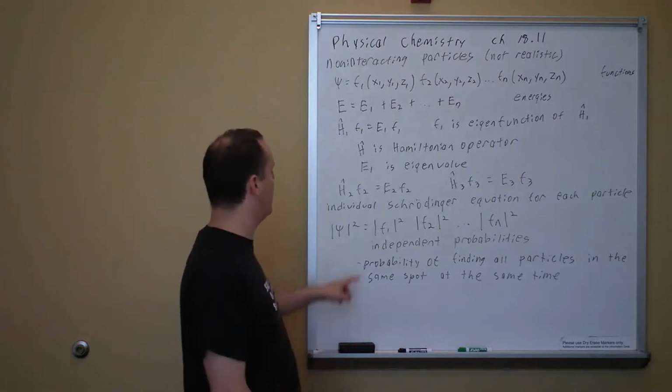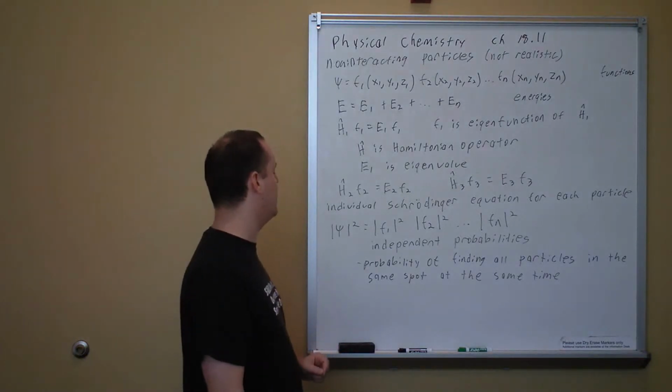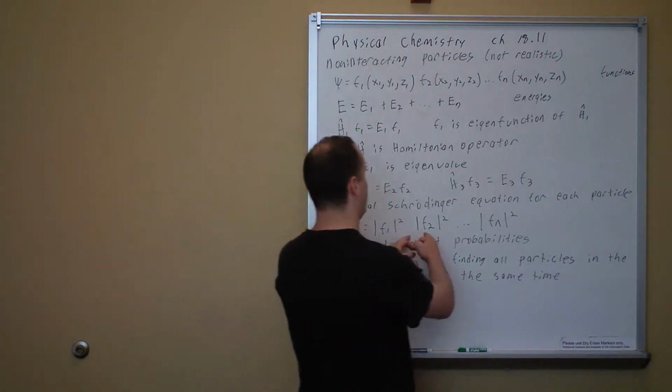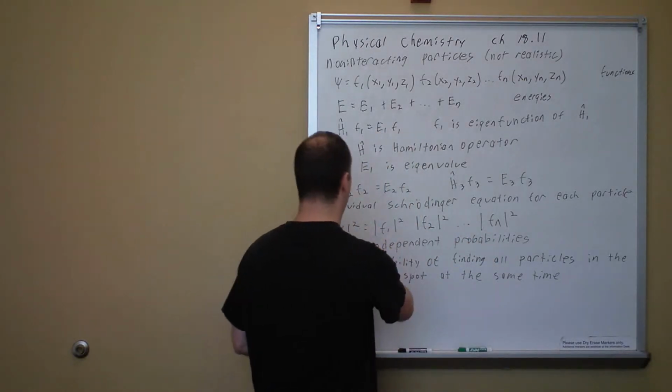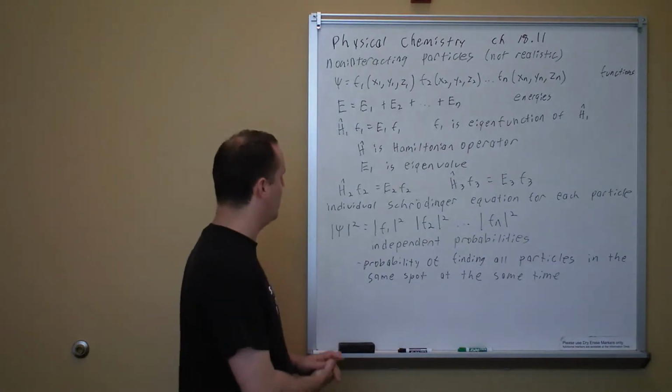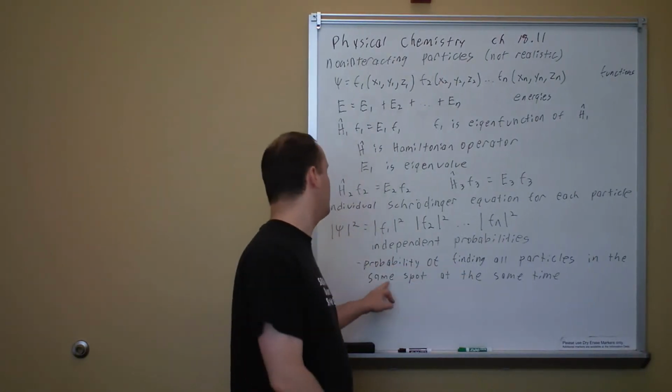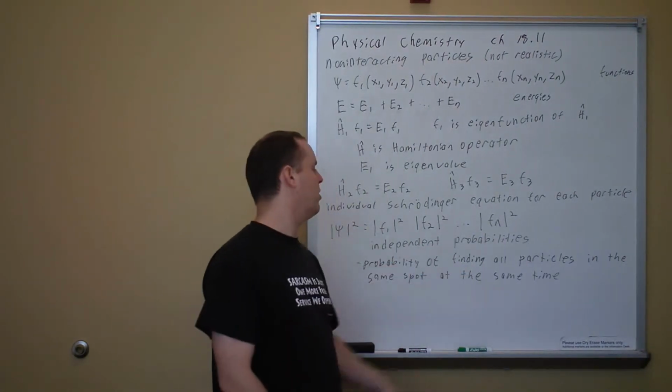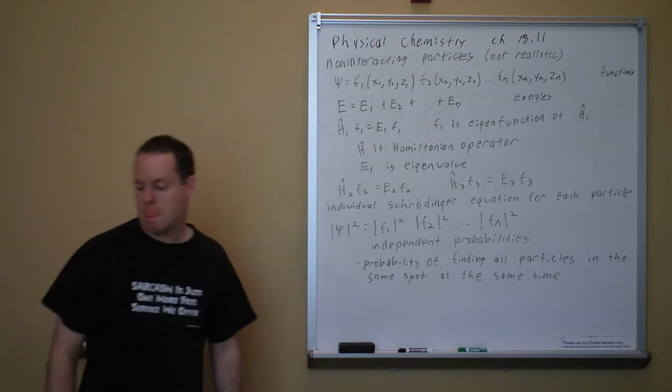And again, we can only do that because these are independent probabilities. And literally speaking, if you're thinking of a certain spot in space, you might think of it as the location. So the probability of finding all these particles in that certain spot at the same time.